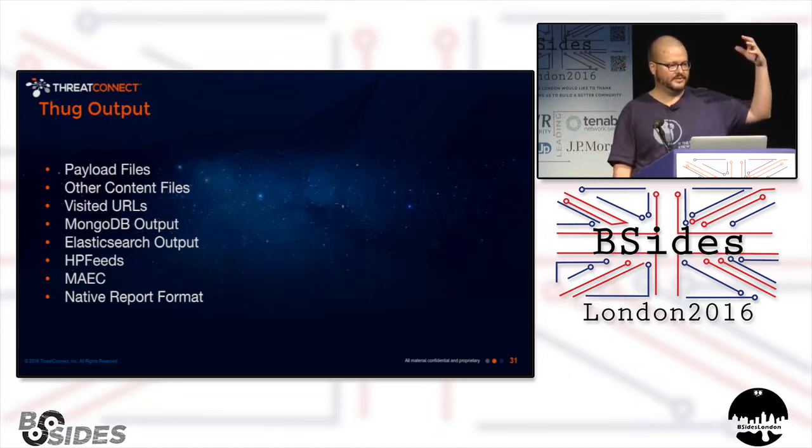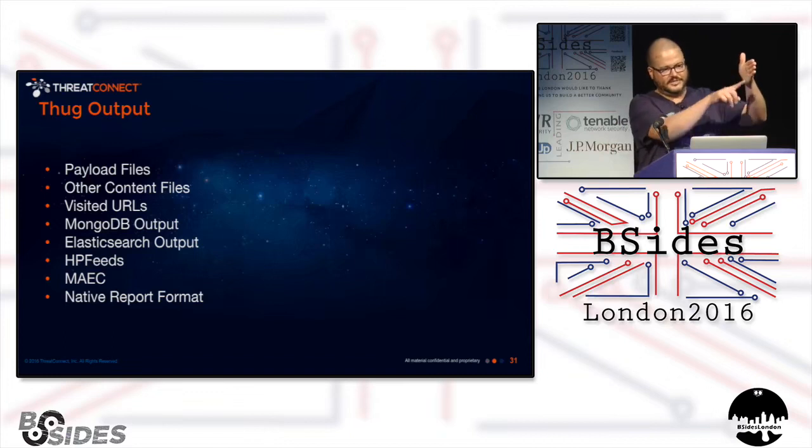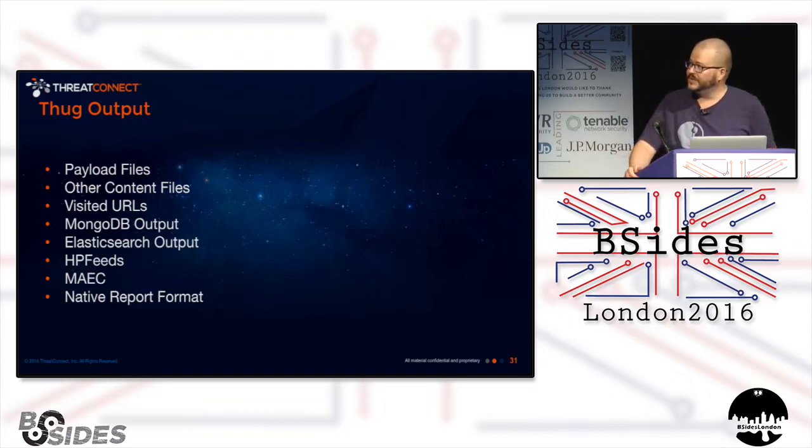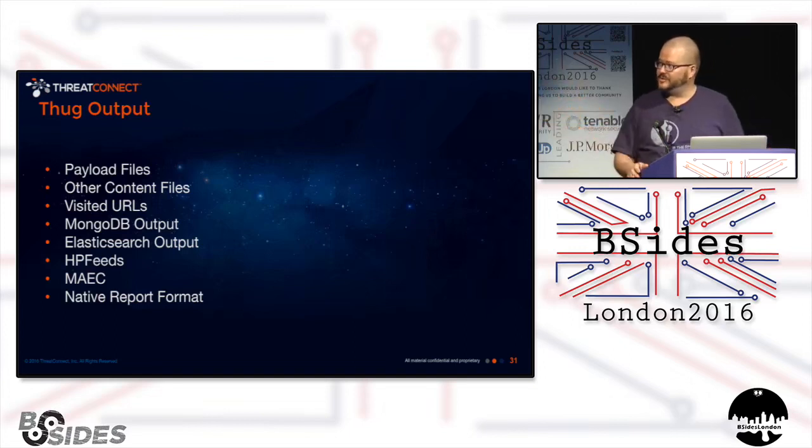So you have the URL that you visited, and then children and the time that it visits them, you see the sort of family tree of what begat what, and then what begat what, and which loaded which URLs. There's a lot of other types of output, but the main thing that you're going to get from Thug is the payload files, which you're then going to send automated back to Cuckoo.